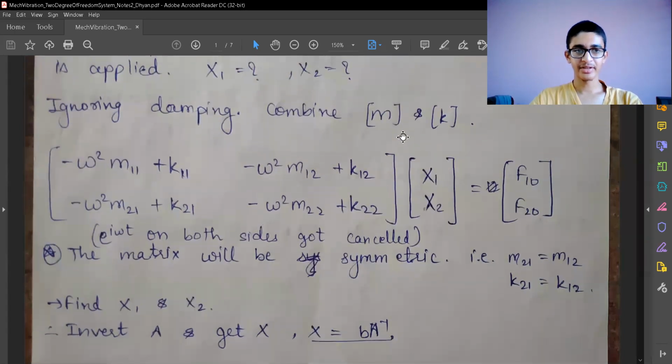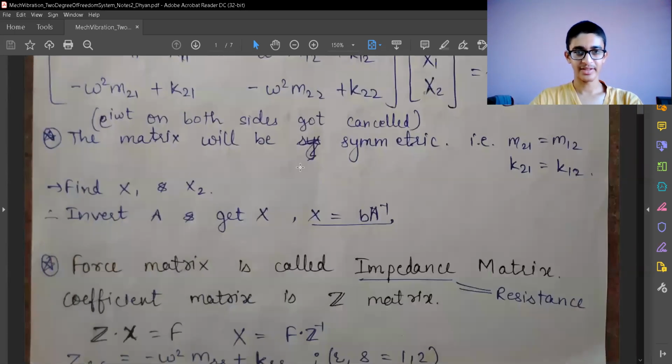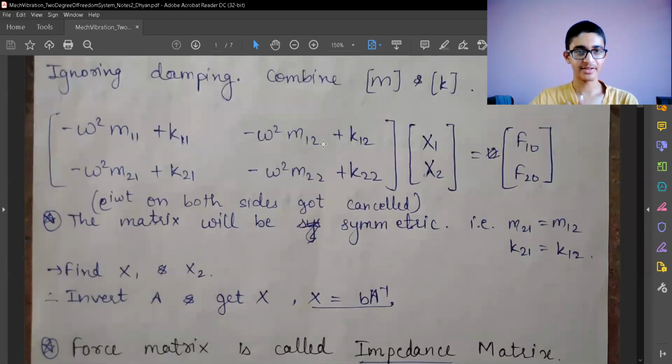We are ignoring the damping matrix, so that's not incorporated in this equation. And e raised to i omega t, earlier it was cos omega t or sin omega t. The trigonometric terms which were common to the right hand side and left hand side were getting cancelled, or taken as a factor outside. Now we have the e raised to i omega t term getting cancelled or taken out.